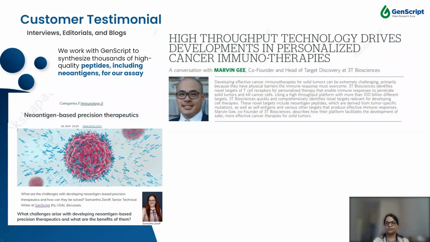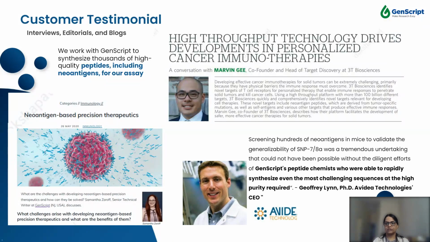Another one is Avidea Therapeutics, where scientists screened hundreds of neoantigens in mice to confirm the generalized SNP7/8A, and this significant task was made possible by working with GenScript peptide chemists who rapidly synthesized even the most challenging sequences to meet their requirements with high purity. So they are also very happy to work with our peptide team.